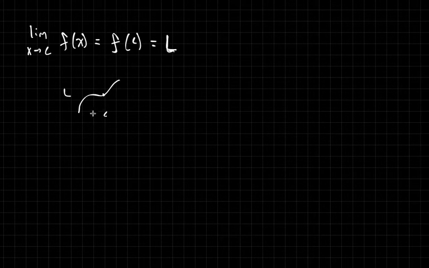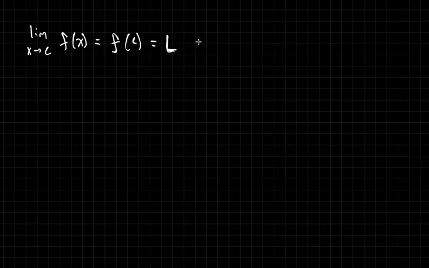Yes, this could be the case, but we know that this may not always be the case. For example, maybe it's undefined at that point. Then you don't have an L. It's undefined. You can't do that. But there's also a case where you plug in your c and get an output that is not necessarily a real number.